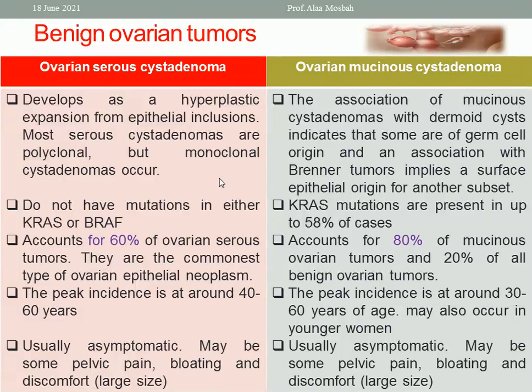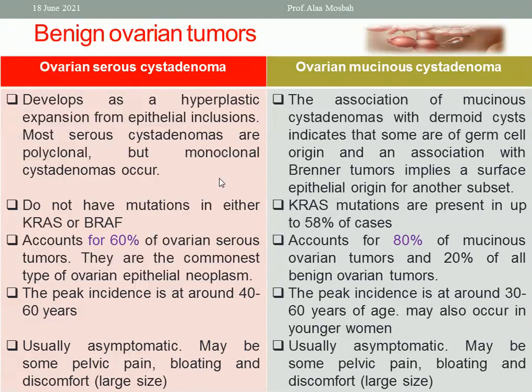And also on the other side, you can see mucinous cystadenoma with Brenner tumor, and the Brenner tumor belongs to epithelial ovarian tumor, so it is of epithelial origin. So whether it is of epithelial origin or germ cell origin, it is a controversy because both situations were noticed in cases with ovarian mucinous cystadenoma.